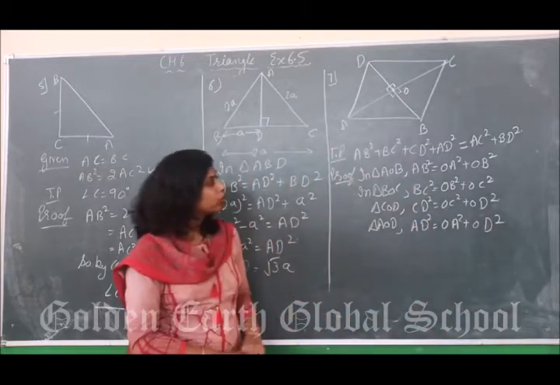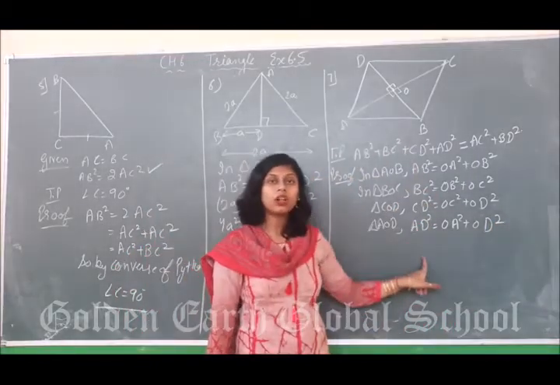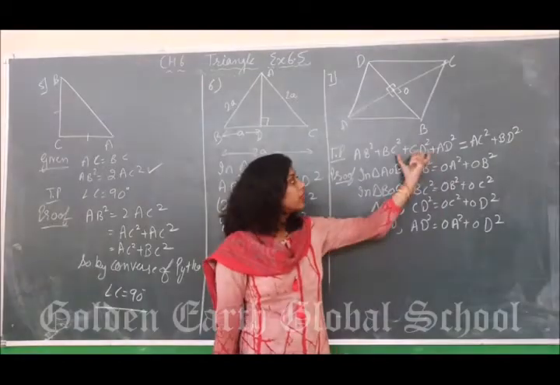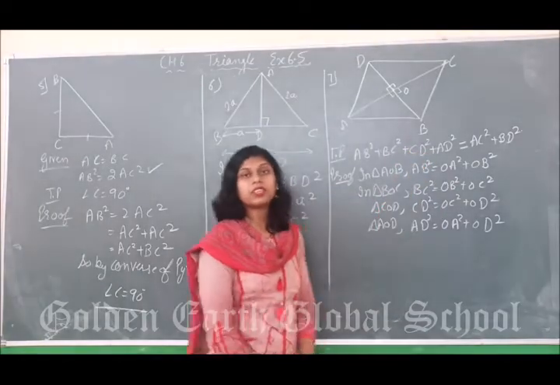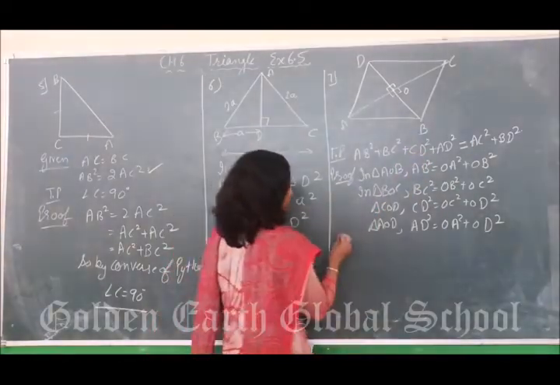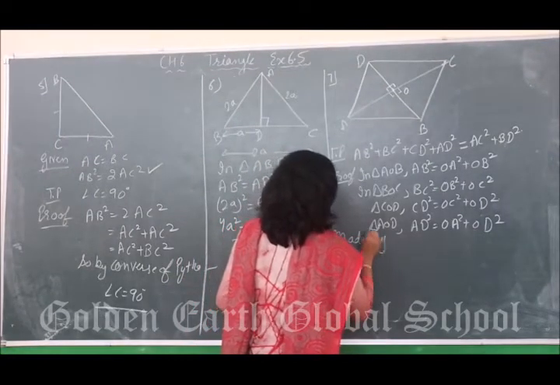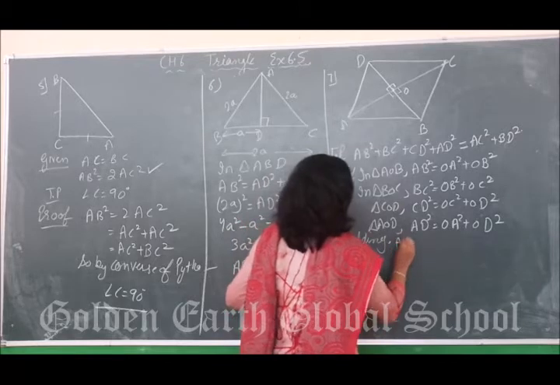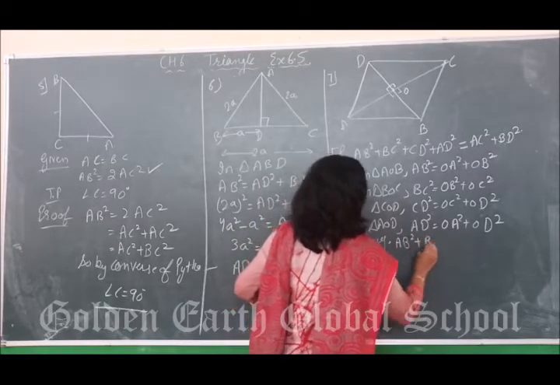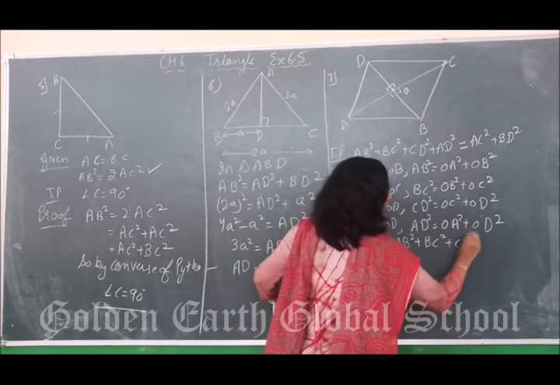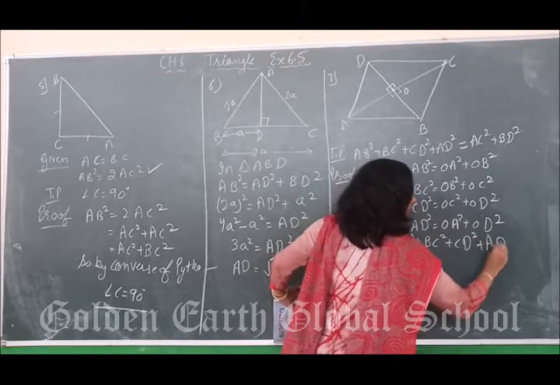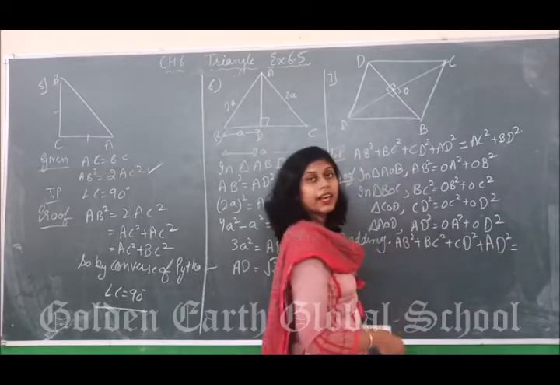Now according to proof, we will add all the four equations to get the left hand side of our proof. On adding, we will get AB square plus BC square plus CD square plus AD square is equal to, then add right hand side.